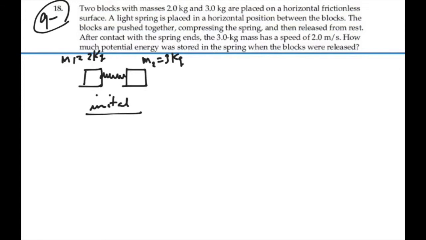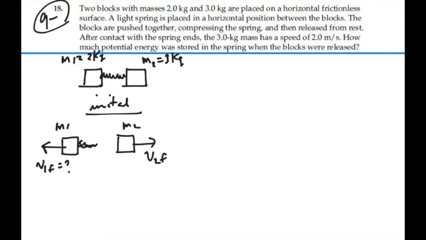And then after they're released, mass 1, with possibly the spring attached, will be moving to the left with some final velocity, v1 final, which we don't know. And mass 2 will be moving to the right with some final velocity, and we're told that it has a final speed of 2 meters per second.